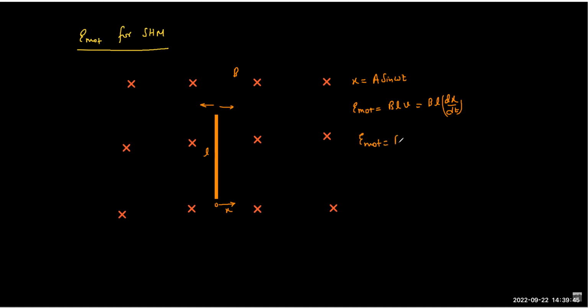So the EMF becomes BLA omega cos omega t. And because it's a sinusoidal value, this is the maximum value. So I can say E equals E naught cos omega t, where E naught is the maximum EMF induced in the process.